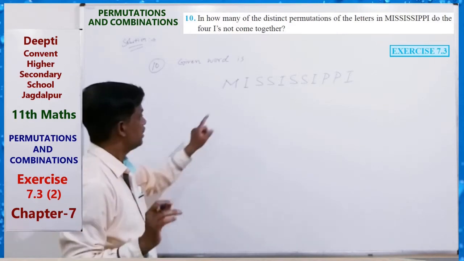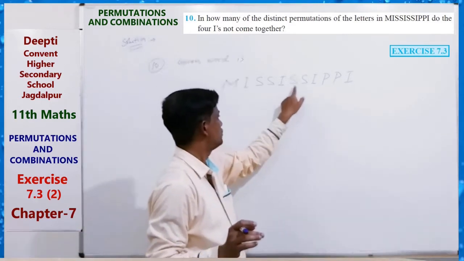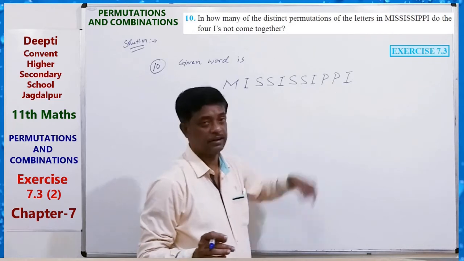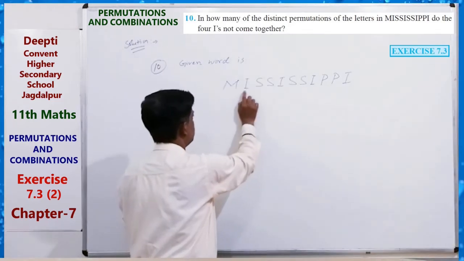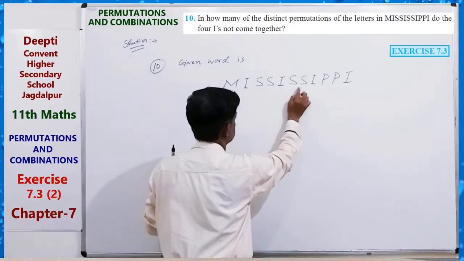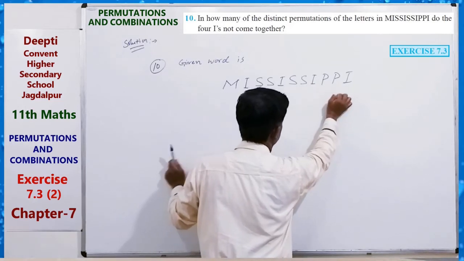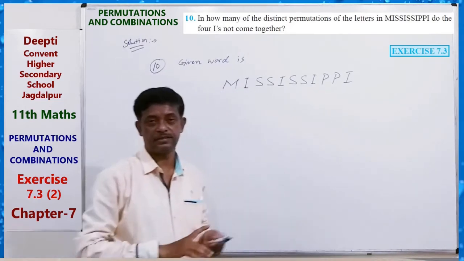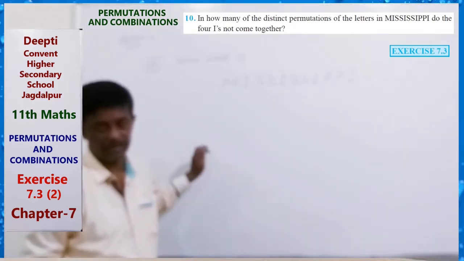Here 1, 2, 3, 4, 5, 6, 7, 8, 9, 10, 11. How many letters are there? 11 letters are there.